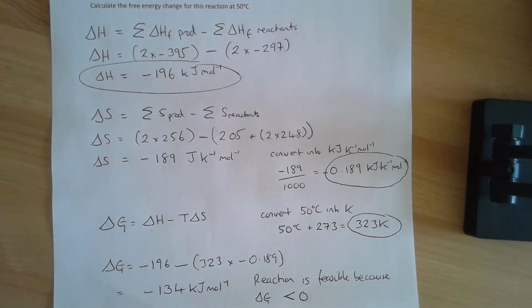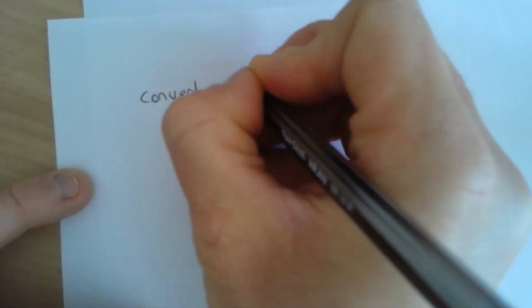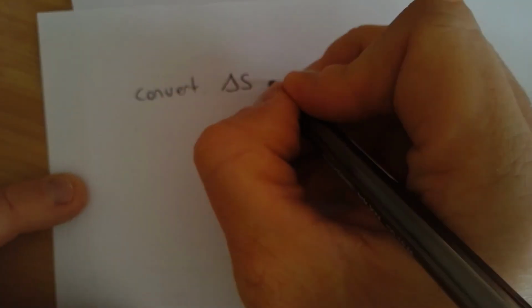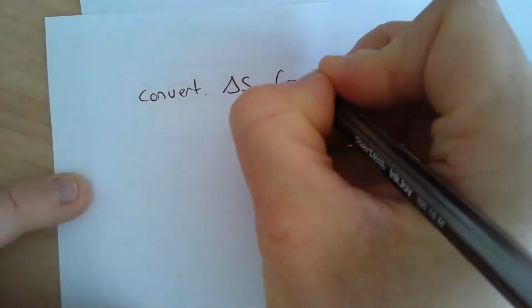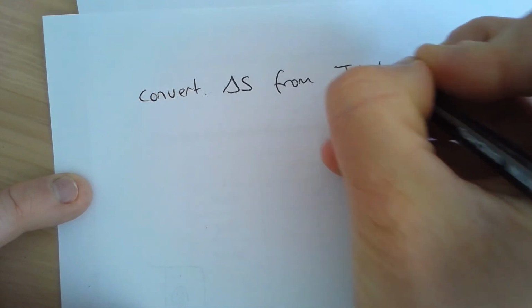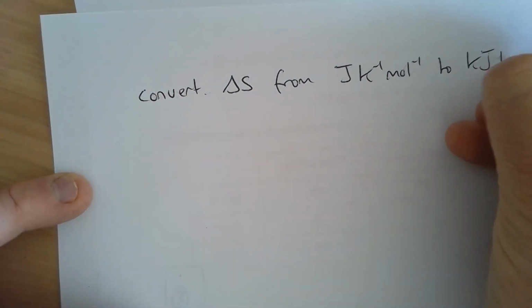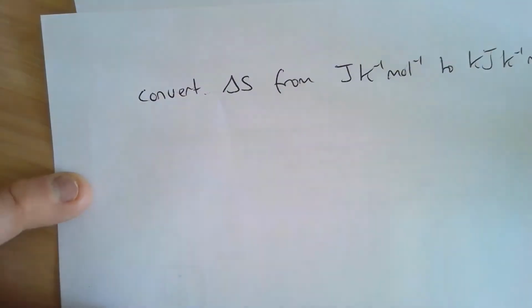In terms of the key points we need to take away from here, the most important thing in terms of conversions is that delta S will need to be converted from joules per Kelvin per mole to kilojoules per Kelvin per mole.